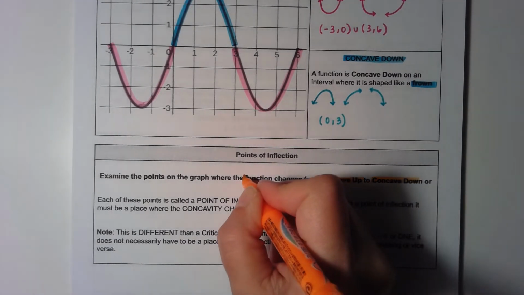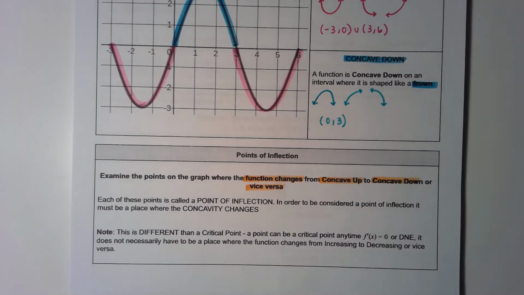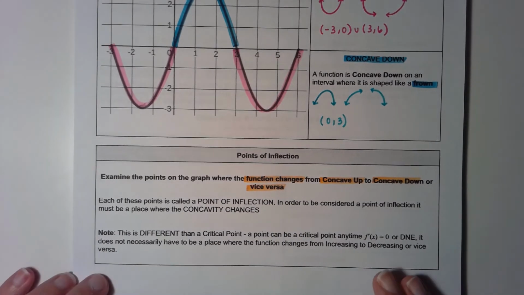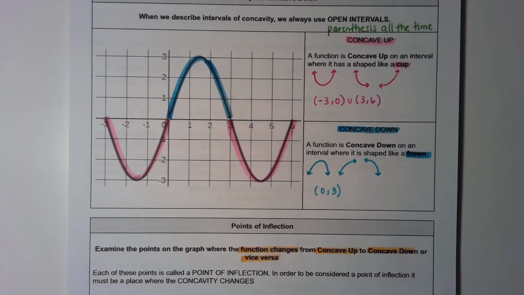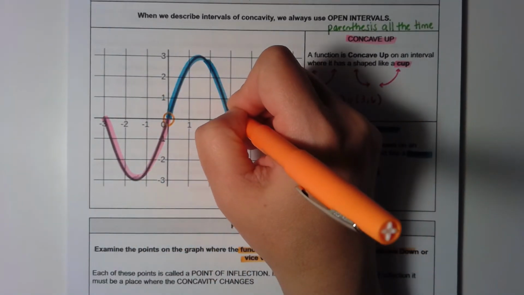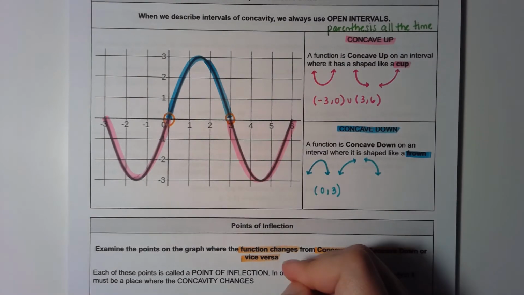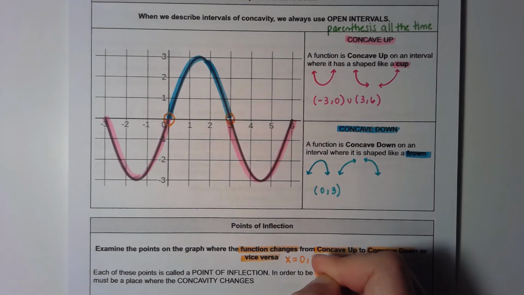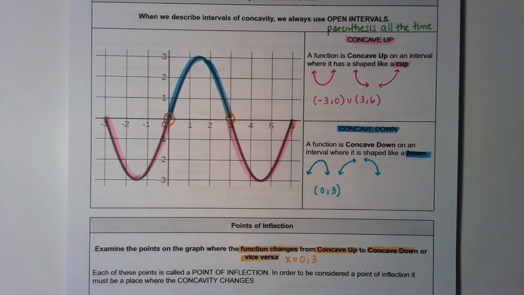So the graph of the function has to actually change concavity in order for us to have a point of inflection. On this picture, the points of inflection would occur at 0 and at 3. So in this example, it would be at x equals 0 and x equals 3 because the concavity of the graph changes at those x values. We switch from concave up to concave down or concave down to concave up.